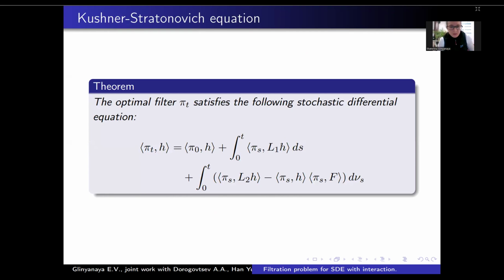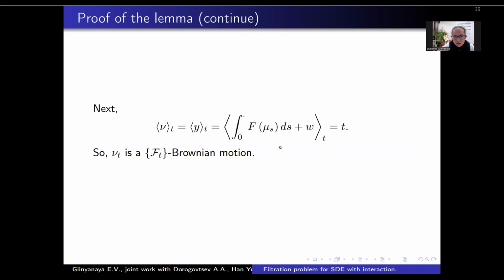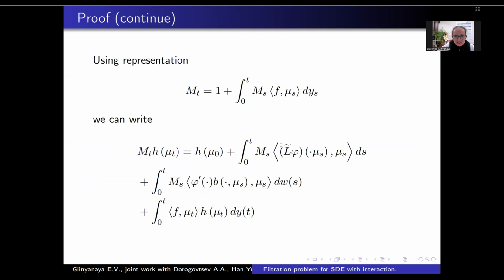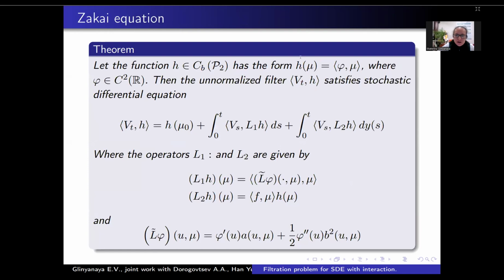So this is like an analog of the Kushner-Stratonovich equation that is known for usual stochastic differential equations, but here we applied it to measure-valued processes. I just want to recall the formulas for this. Let me come back to the Zakai equation. Here I consider just a function of measure which is very simple, just the integral with respect to the measure mu.